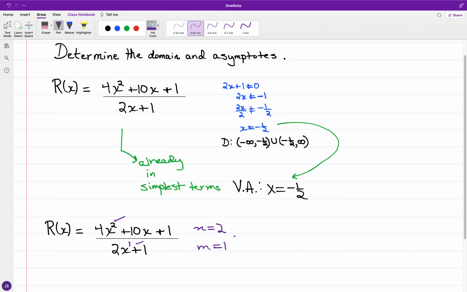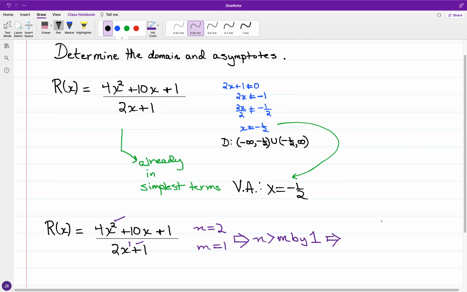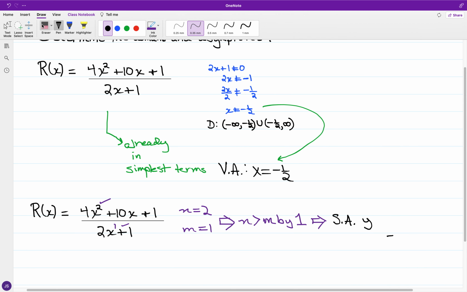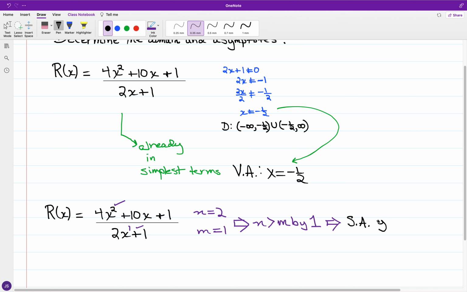So we have that m is equal to 1, and here n is greater than m by 1 degree. If the numerator degree is greater than that of the denominator, we're going to have a slant asymptote, y equals some linear expression, and that linear expression is going to be derived from 2x plus 1 divided into 4x squared plus 10x plus 1.